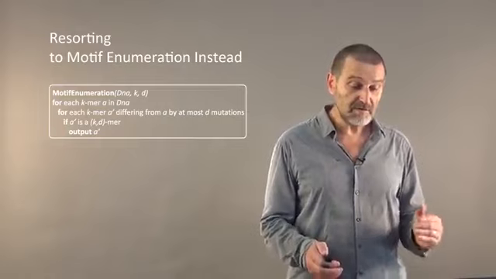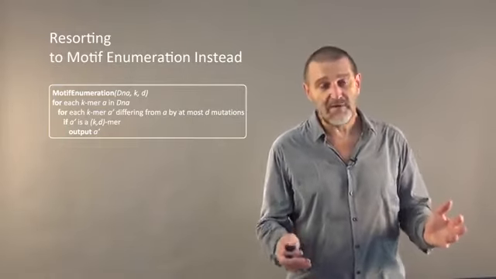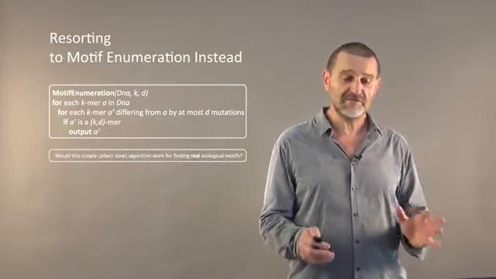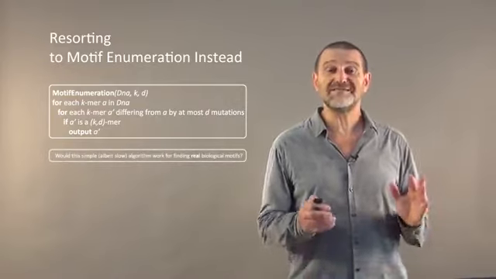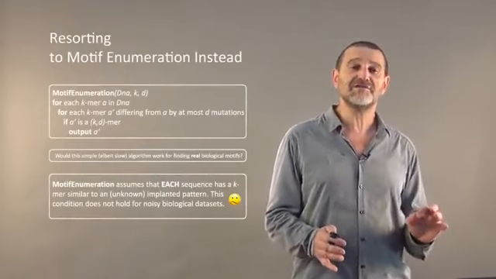That will be slow, but it will definitely work if k is small. But the question we should ask is: would it solve the real biological problem? Unfortunately, it won't work, because our model for implanting patterns is not very biological. It doesn't properly reflect biological reality.